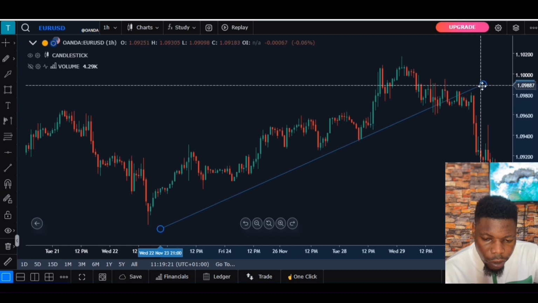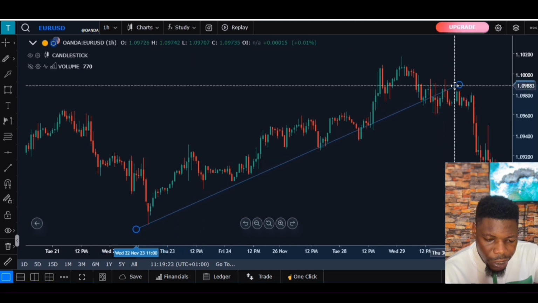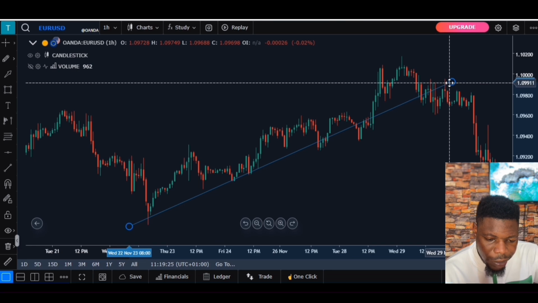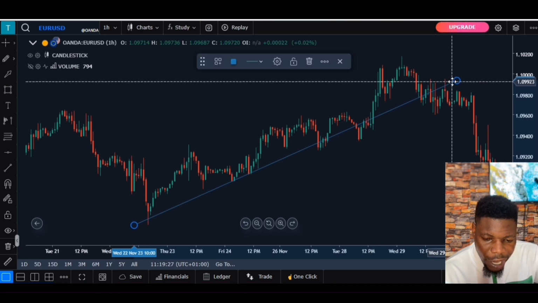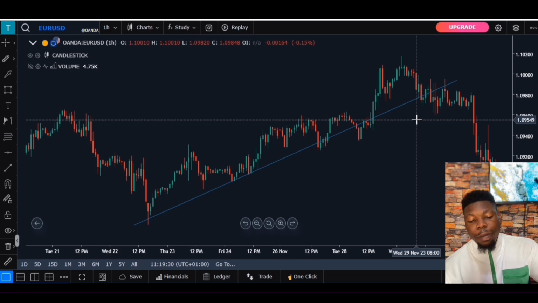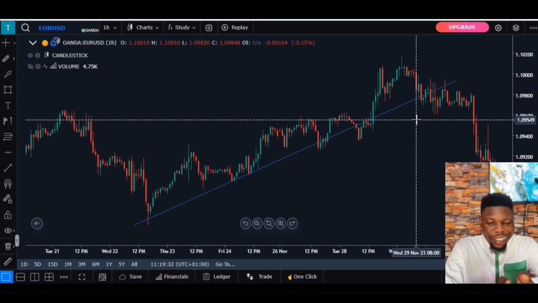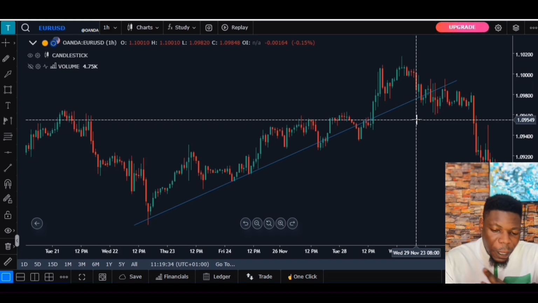And guys, most times you need to be very careful, because if you want to draw this trend line, sometimes in the market there are 2 trend lines in the same direction. And I'll tell you why this happens.